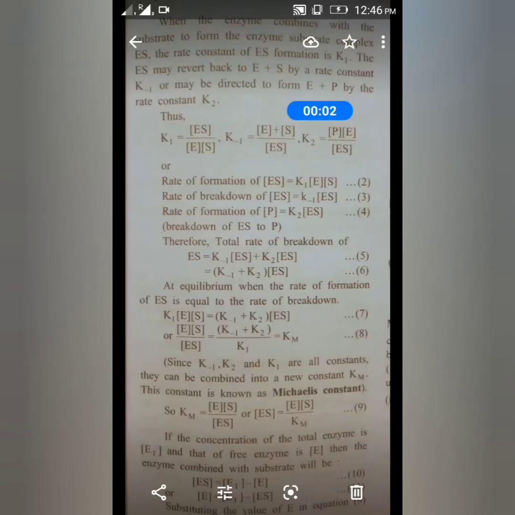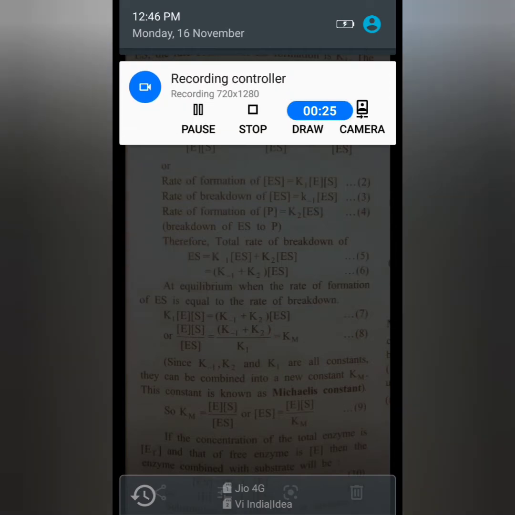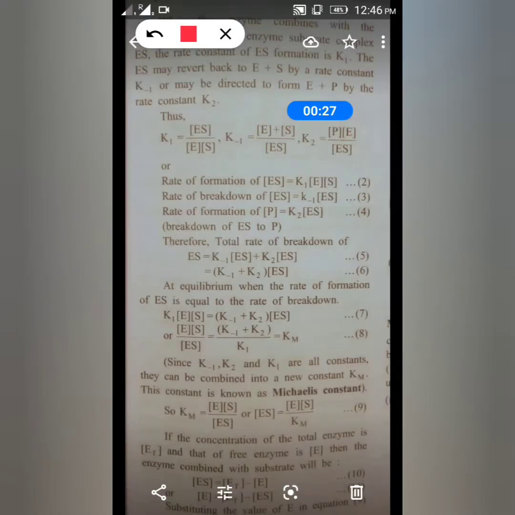Now, at equilibrium, I had already explained just now that the rate of formation of ES, that is the enzyme substrate complex, is equal to the rate of breakdown of ES. So from equation 2, what do you see here?